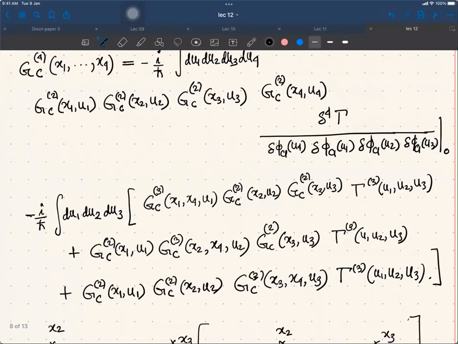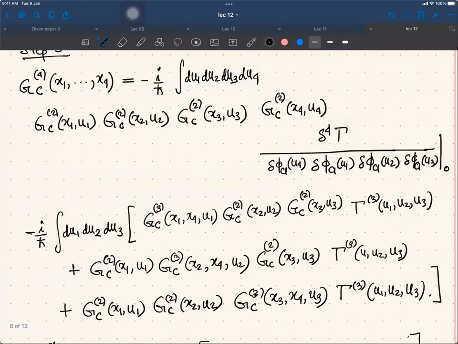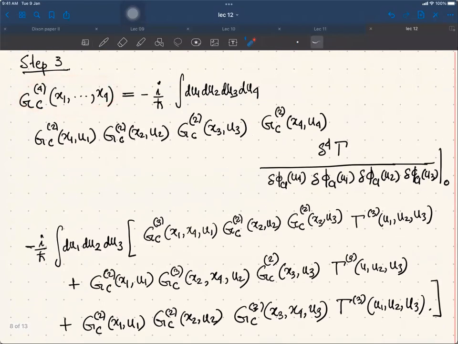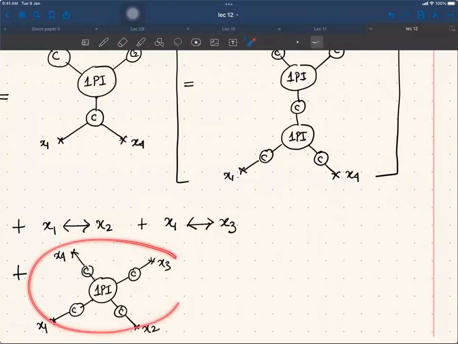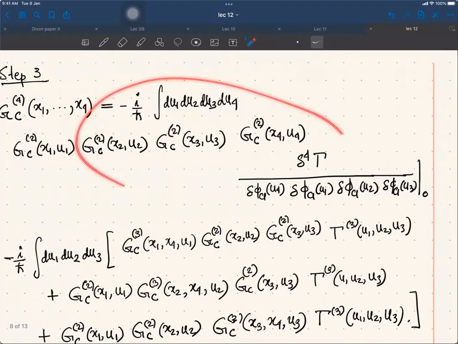And that first term, we know from previous result that this G4 must be these three diagrams plus this diagram, the 4.1 pi. And therefore, this diagram must be this one, the first term, and therefore the 4.1 pi must be this one.